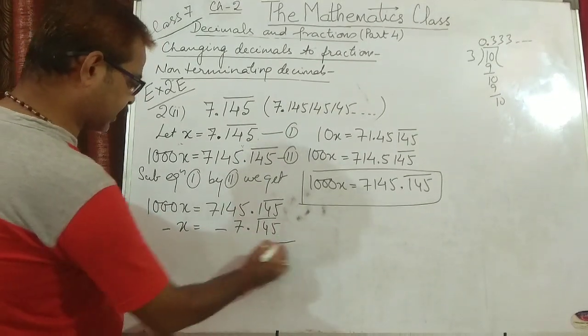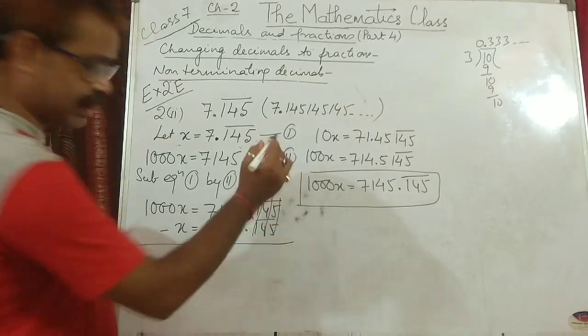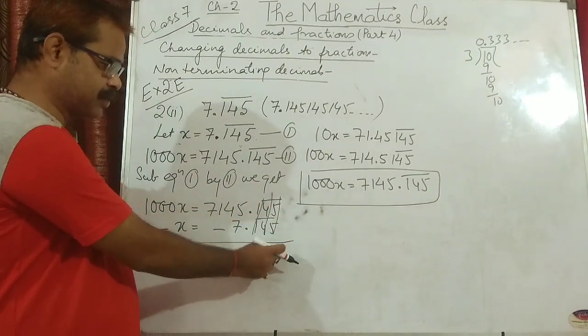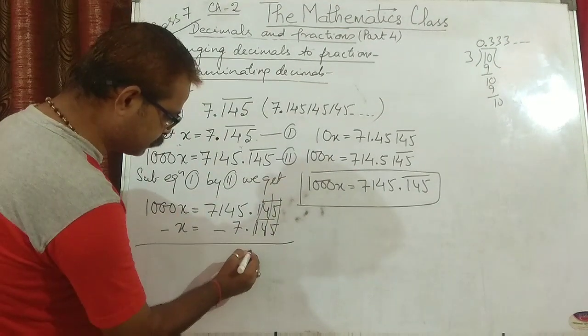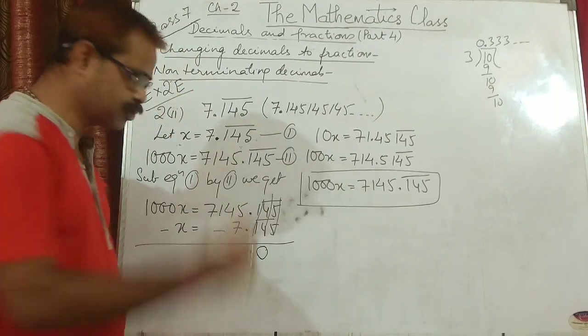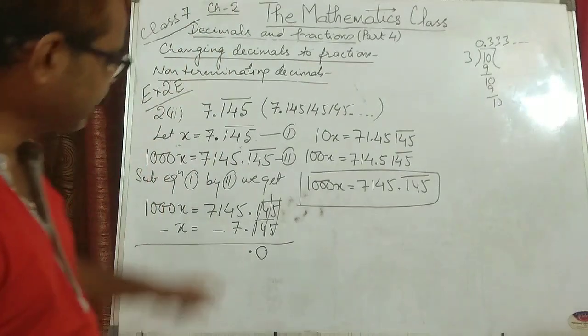When you subtract, it means all the numbers after the decimal will cancel themselves. 5 minus 5 is 0, 4 minus 4 is 0, 1 minus 1 is 0. My main objective is to get a 0 after the decimal point, and that is what we are doing.